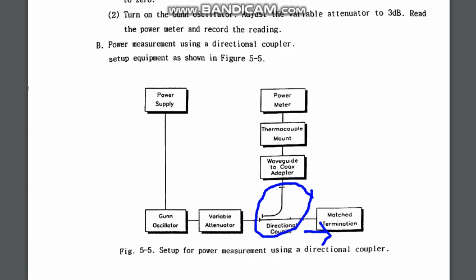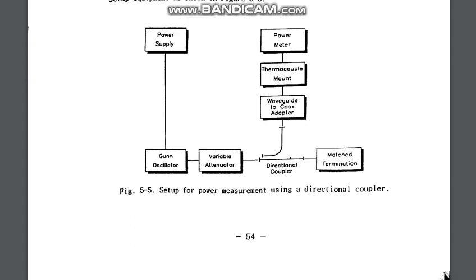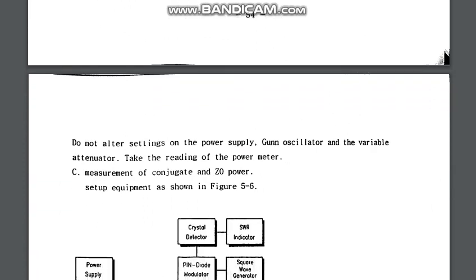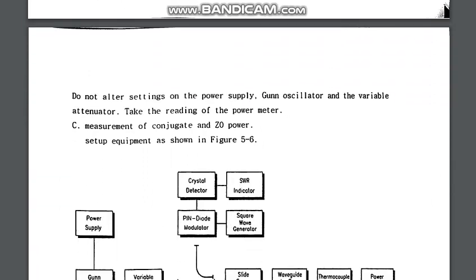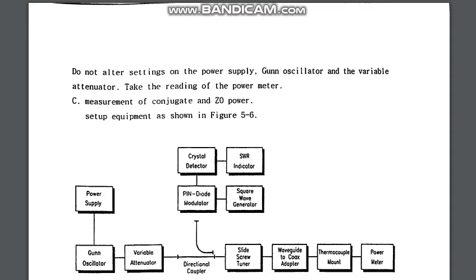The perpendicular axis should be connected to the waveguide to coaxial adapter. Then the thermocouple mount and the power meter should be connected. Now after setting this, do not alter the setting on the power supply. That means you should take the reading of the power meter as before in section A.